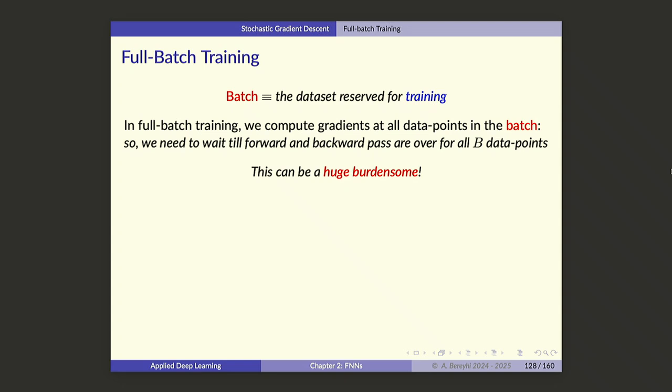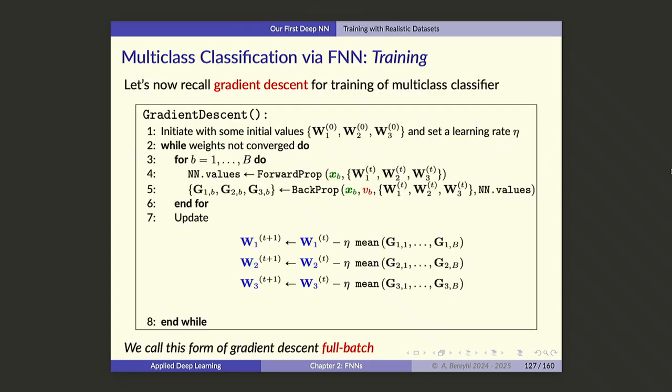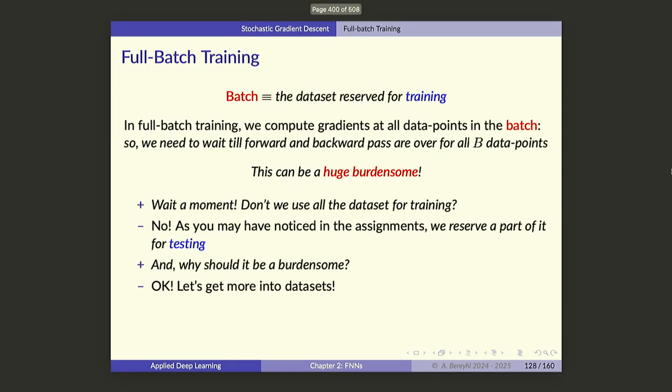And if you want to do this algorithm here, this means that each time you want to update your weights, just one step of gradient descent, you need to loop over the whole batch of data completely, right? Go forward, backward for every single one of them, which is a huge burden on your computation resource.